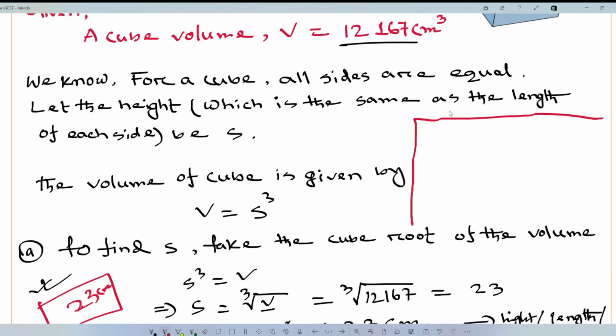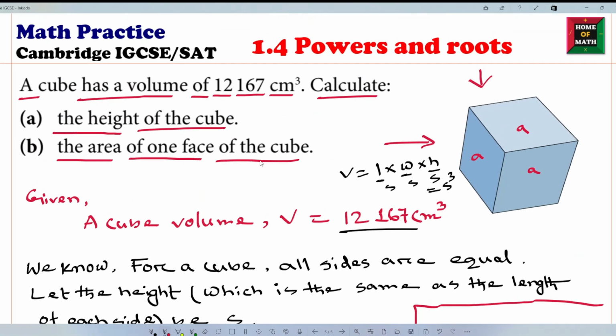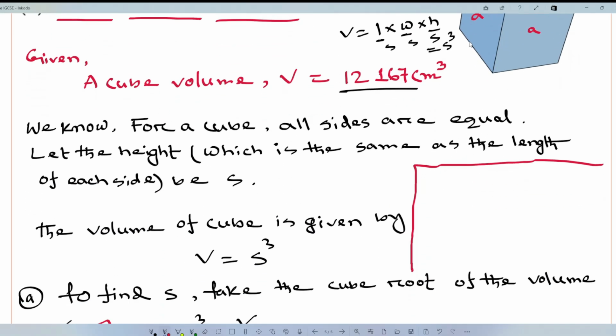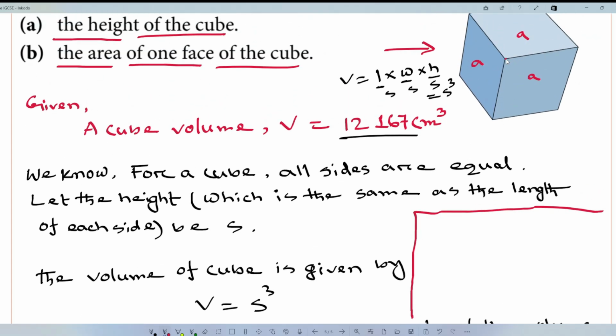Now number B. Here the area of one face. So area of one face, it means this one, this one. So this is the area of one face of the cube.